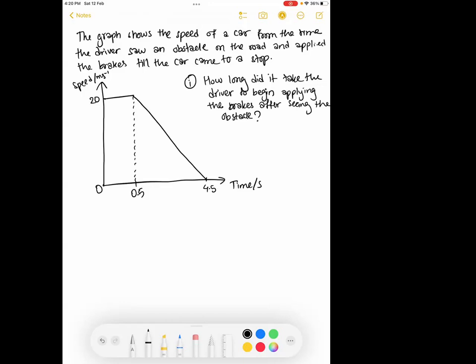Number 2, calculate the distance A before the brakes were applied, and B while the brakes were being applied.